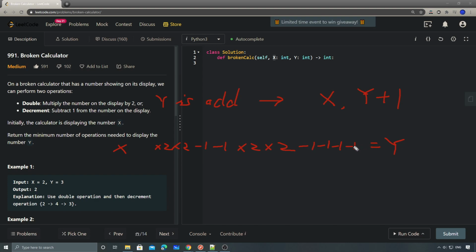The left side is still x, but on the right side, if we move this part over here, we'll have y plus 1. That's why we have y plus 1 as the previous step.